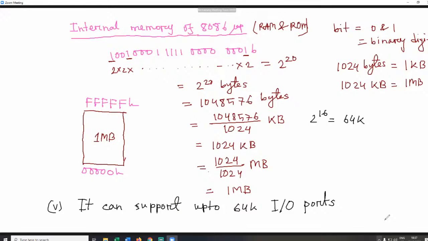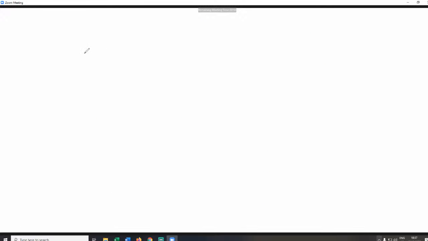Then we have point number 6: how many registers does the 8086 processor have? The 8086 processor has 14 registers, and all the registers are 16 bits long.